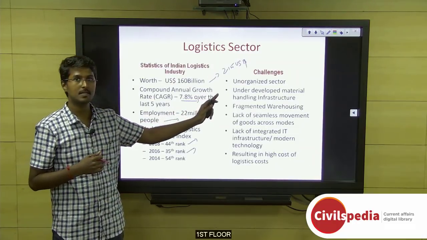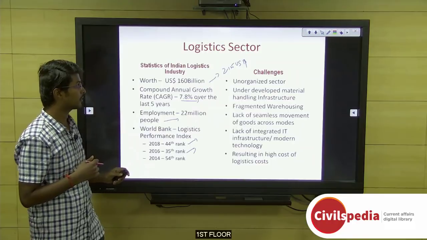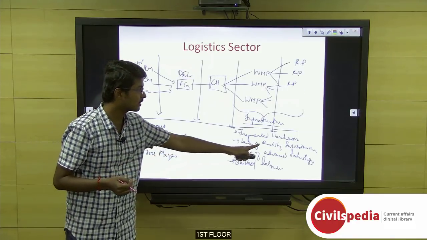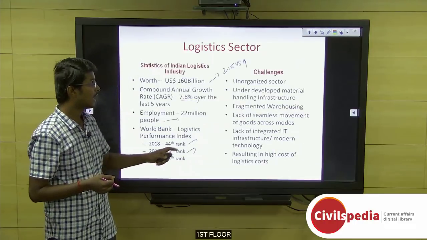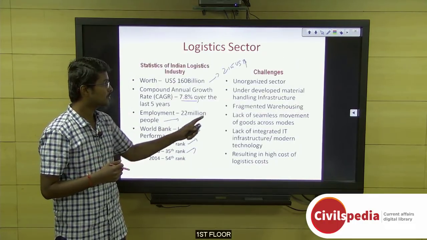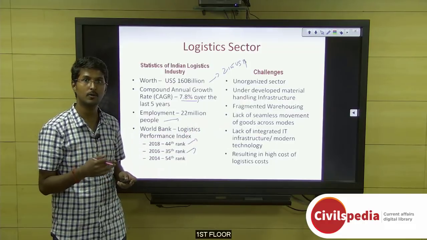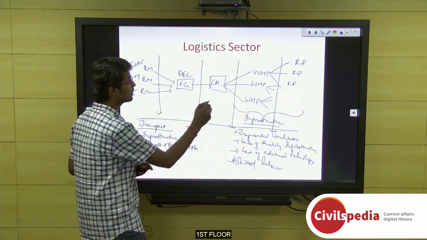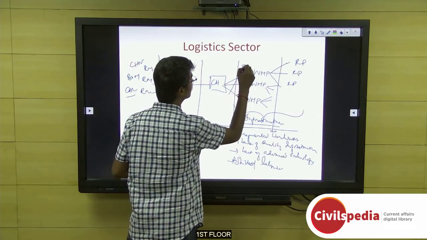So as I explained, it is totally an unorganized sector with underdeveloped material handling infrastructure. I explained here the lack of quality infrastructure and fragmented warehousing, which was the first point under infrastructure. Then there is a lack of seamless movement of goods across different modes. When infrastructure is not there, say from here you have a larger truck.